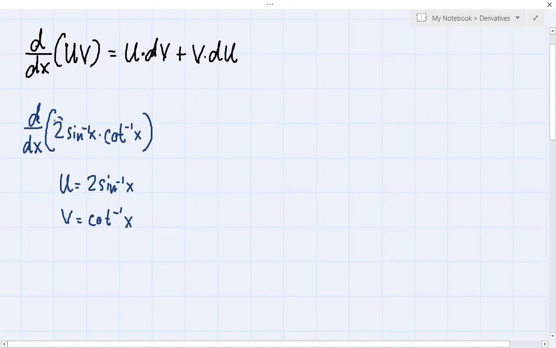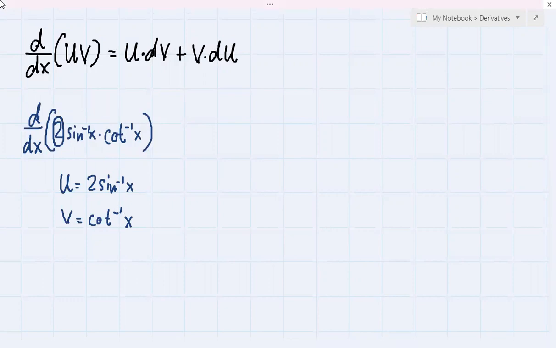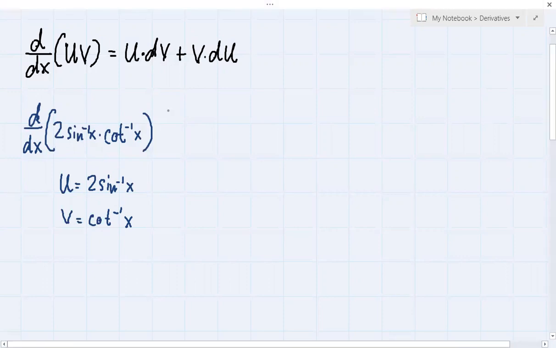By the way, since you have a constant 2 here, you can pick either one. You can attach it to the arcsine, like what I did, or you can attach it to the arccotangent x. There is no problem with that, as long as you know the format of the product rule of differentiation.